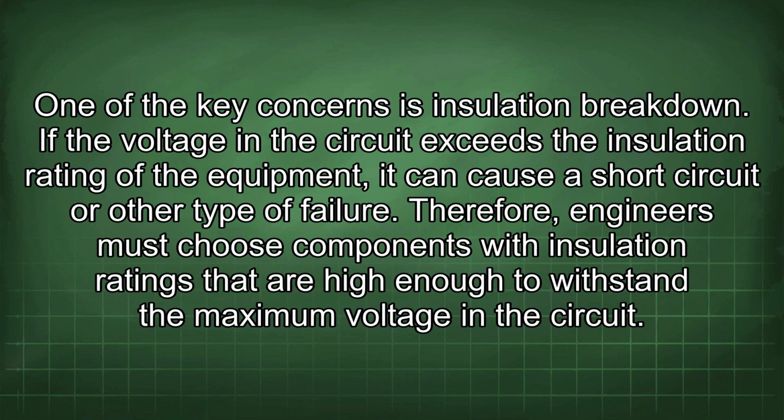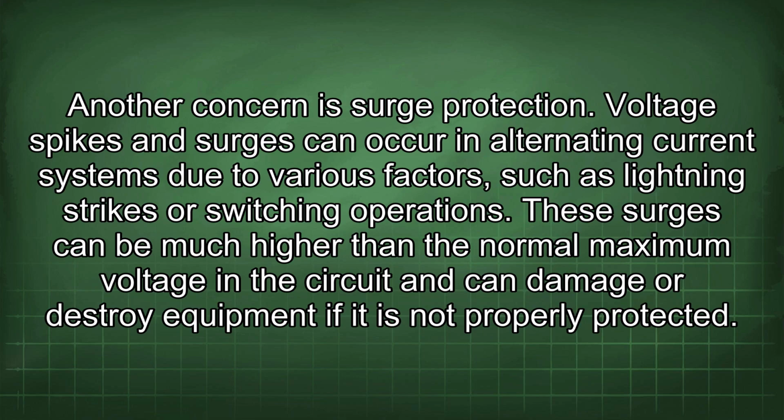One of the key concerns is insulation breakdown. If the voltage in the circuit exceeds the insulation rating of the equipment, it can cause a short circuit or other type of failure. Therefore, engineers must choose components with insulation ratings that are high enough to withstand the maximum voltage in the circuit. Another concern is surge protection.